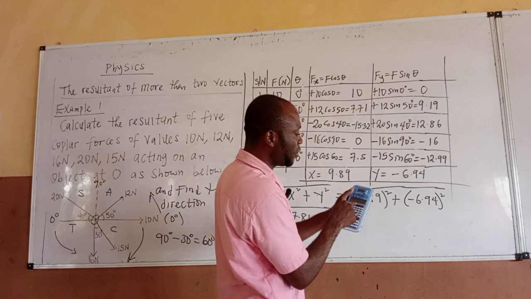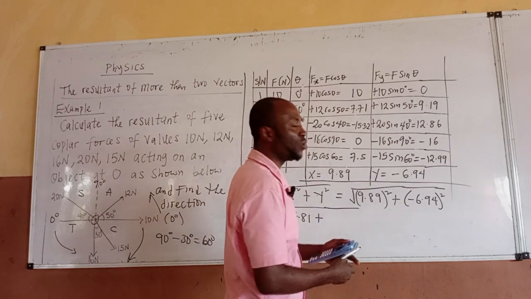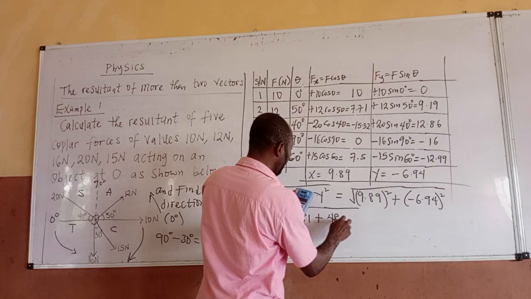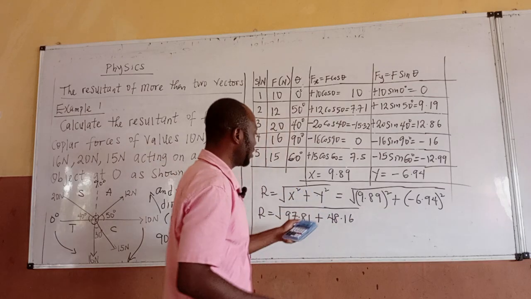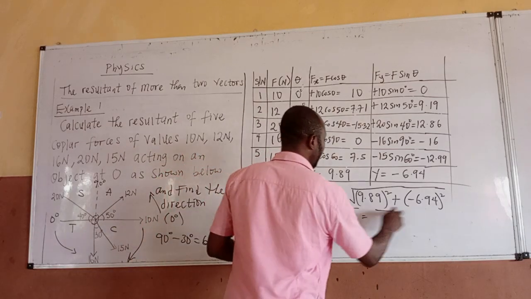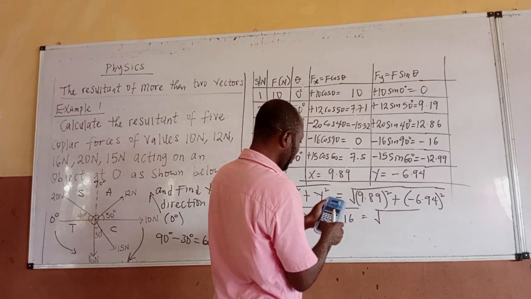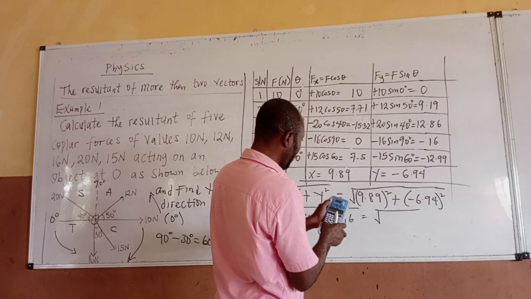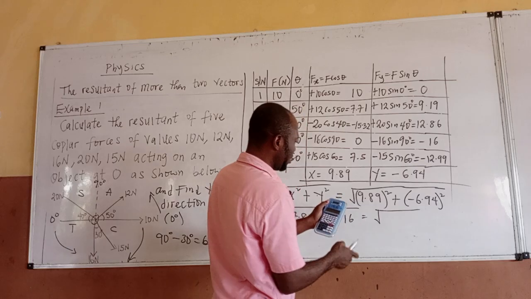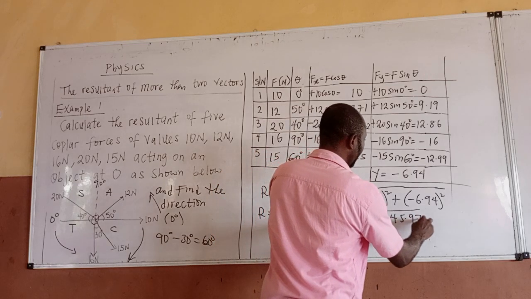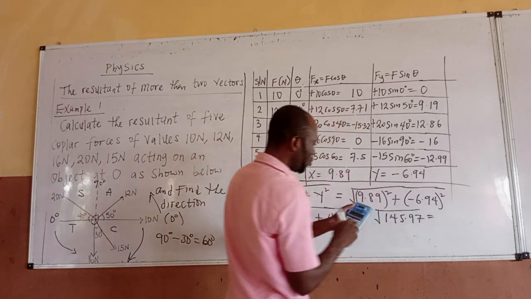That will give you 48.16. If you type it wrongly, your answer will be wrong. Then you add them together, 97.81 plus 48.16, which gives you 145.97.